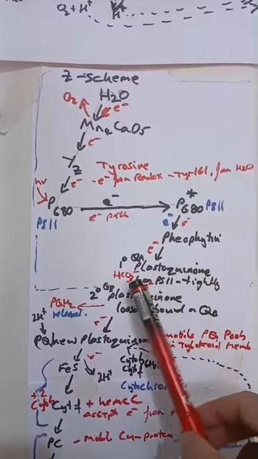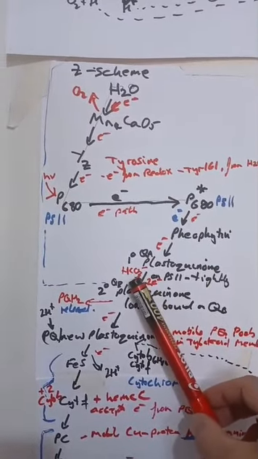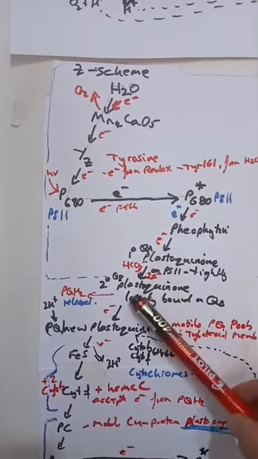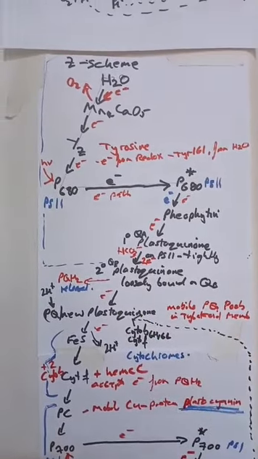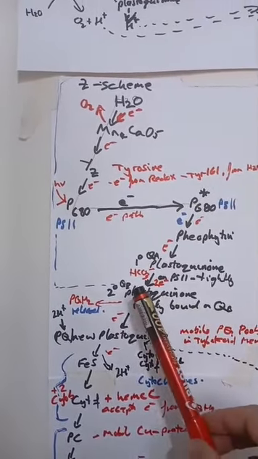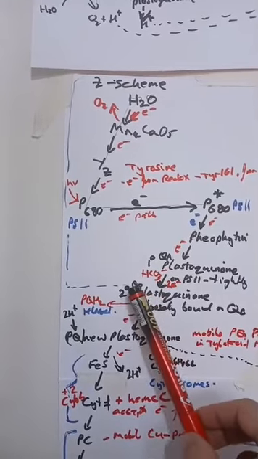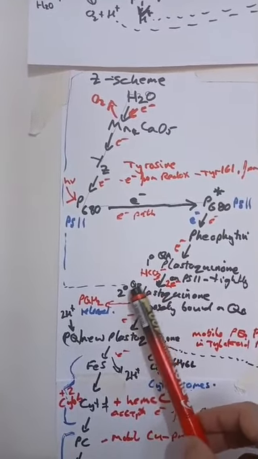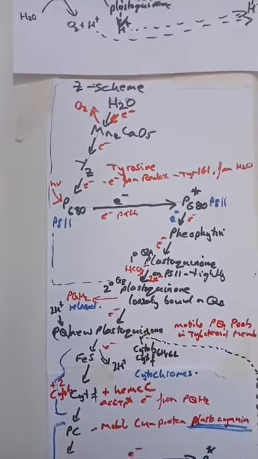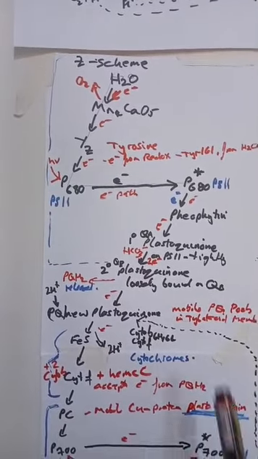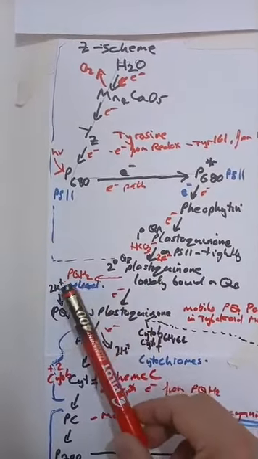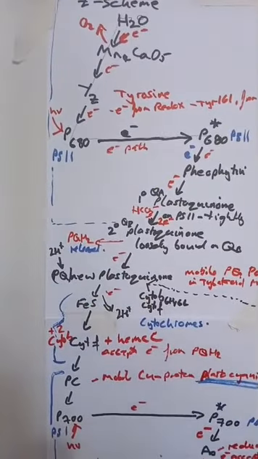Then a bicarbonate ion comes in, and 2 electrons are then passed to a secondary plastoquinone, which is loosely bound on photosystem 2, and then you get hydrogenated plastoquinone released here.